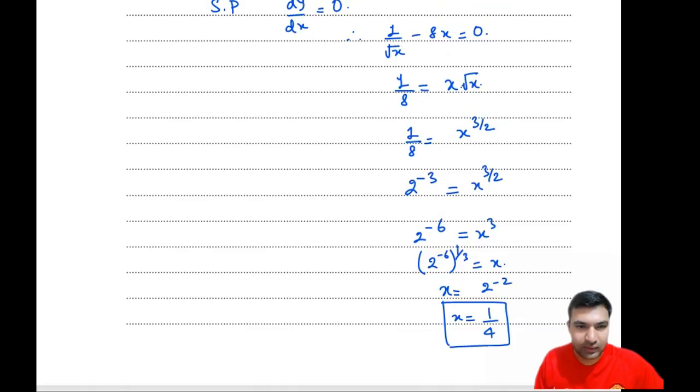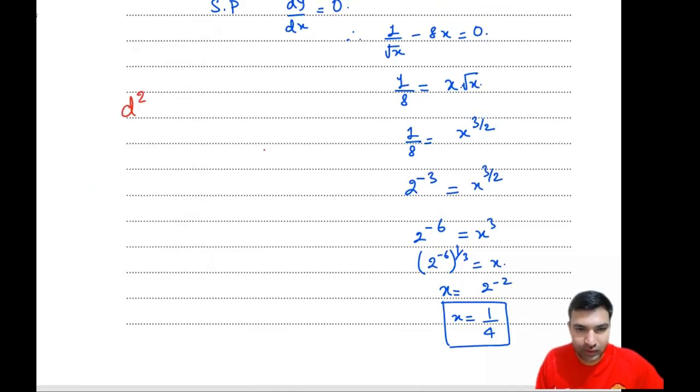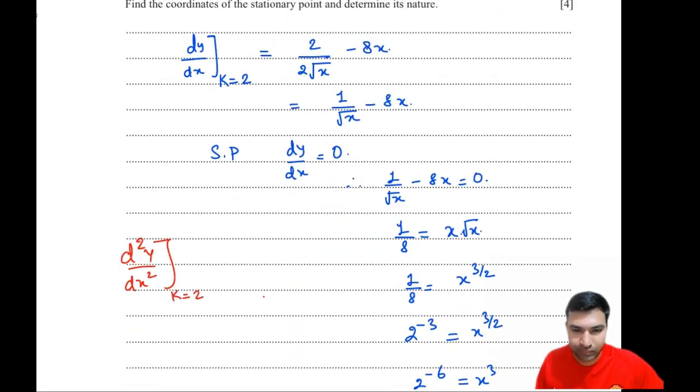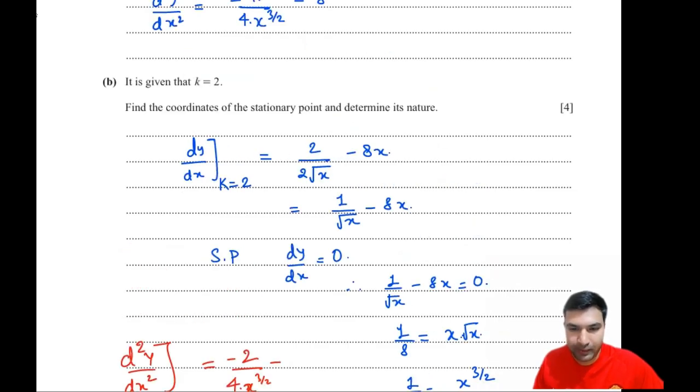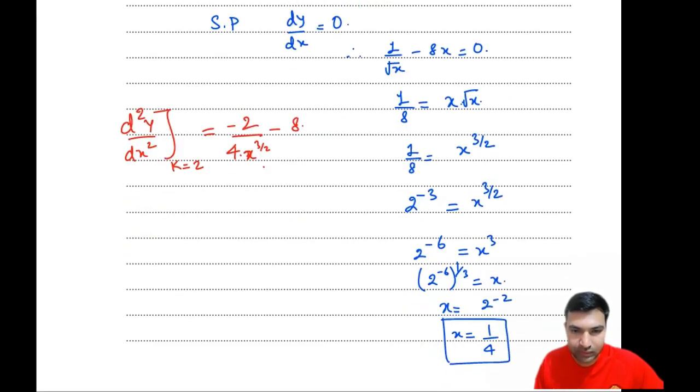Now I need to find the second derivative, d2y by dx squared at k equal to 2, and the point is x equal to 1 by 4. So second derivative is negative k, which is 2, for x to the power 3 by 2 minus 8, isn't it? So we have it as minus 8, and therefore it becomes negative 1 over 2x to the power 3 by 2 minus 8.